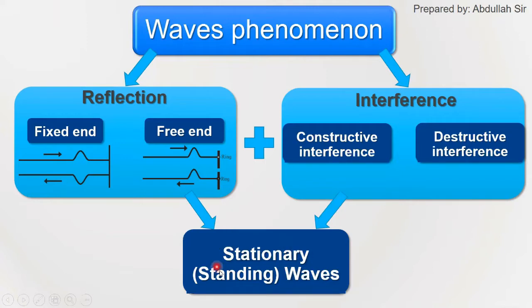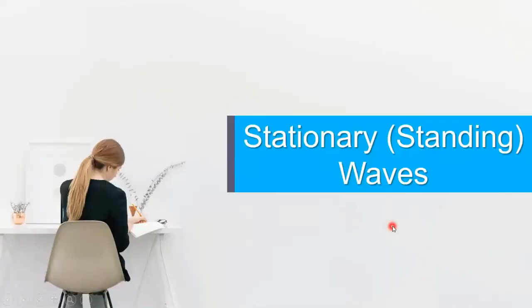So a stationary wave is produced due to reflection as well as due to interference of the wave. We are going to start with the definition first. We will see what a stationary wave is, how a stationary wave is produced in a medium, and then we will see the properties of a stationary wave or standing wave one by one.